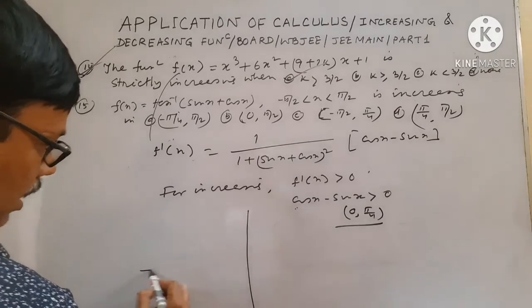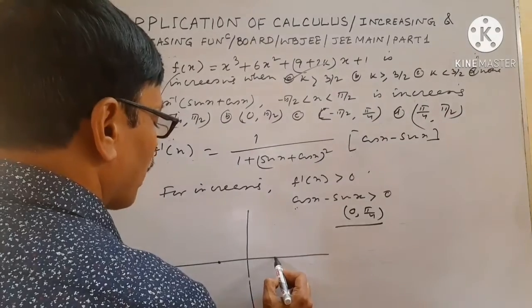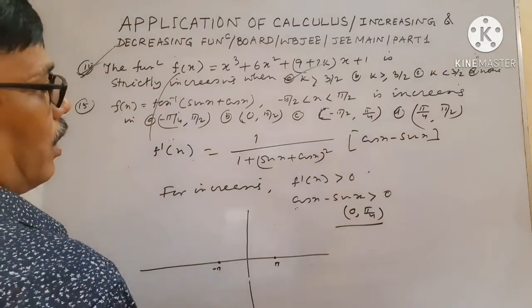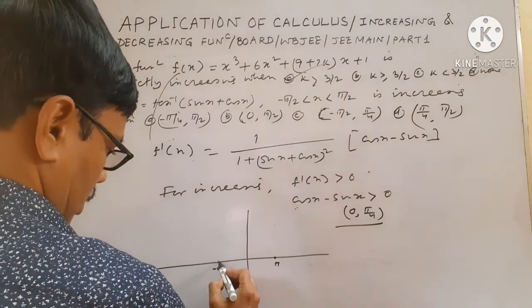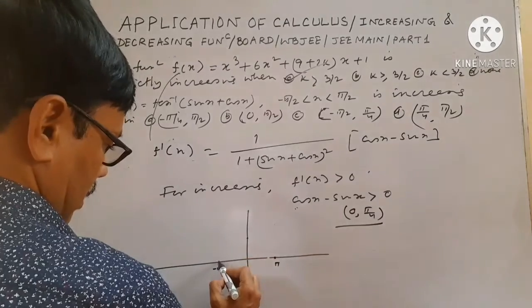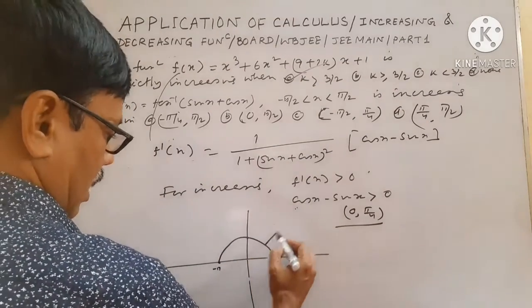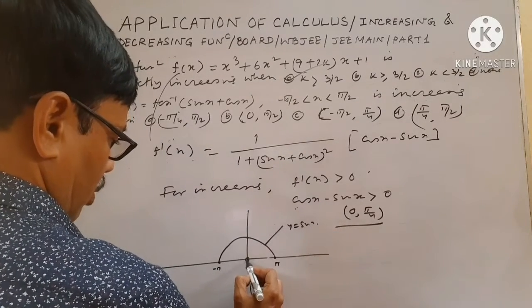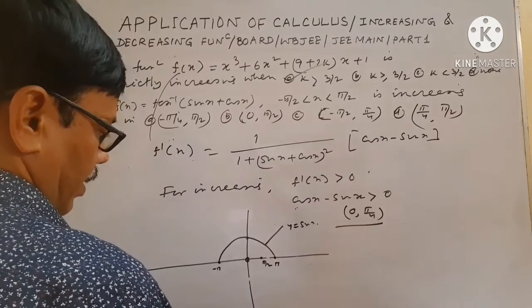Look at the graph. This is minus pi and this is plus pi. The interval given is minus pi by 2 to plus pi by 2. This is the sine curve and the cos curve: 0, this is 1, pi by 2, this is 0.